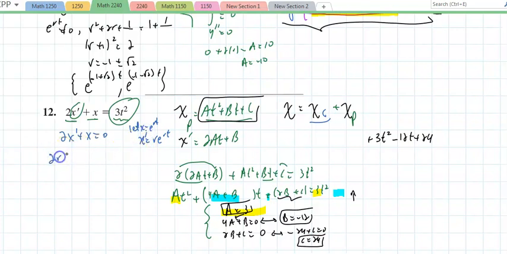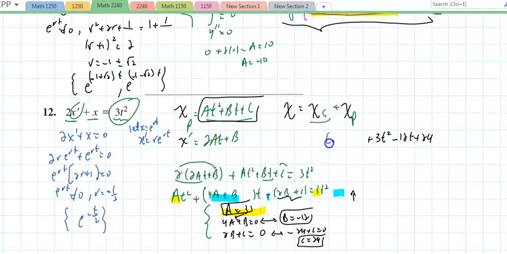So 2r e to the rt plus, again, this is separable. I really don't need to use this, but I could if I want, e to the rt times 2r plus 1 equal to 0. E to the rt cannot equal 0. r equals negative 1/2.